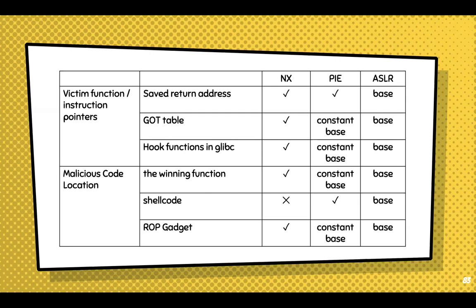And during the entire process, you need to get the base address of maybe libc, or the program, or the stack, or the heap. And starting from there, you add your offset to the base in order to get the actual victim address and then the actual malicious code location.